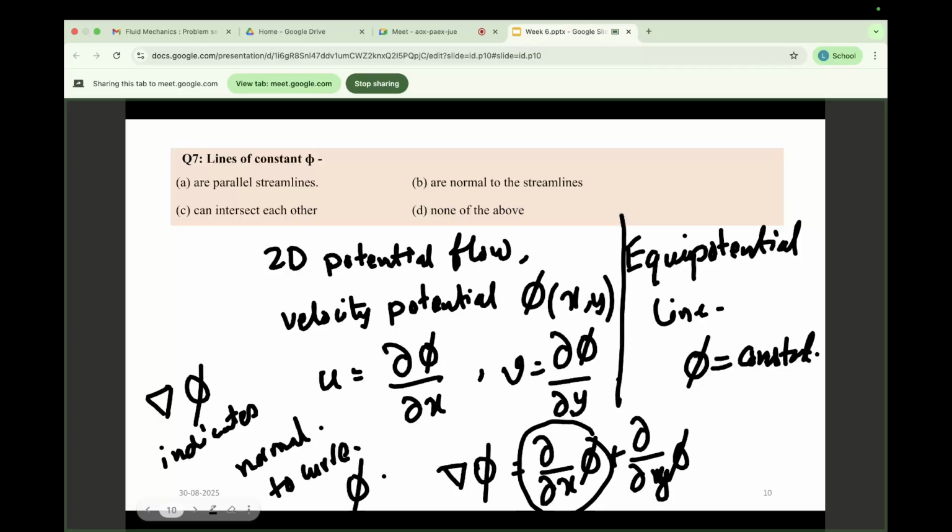Why do we get this? Because if I find the derivative with respect to some axis, it is your slope. We also know that the slope and the curve should always be perpendicular, or normal, to each other. That's why the correct option is that the line of contact should be normal to the streamline. So that is the thing.